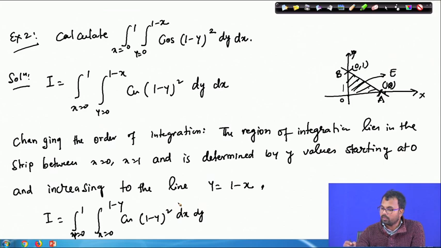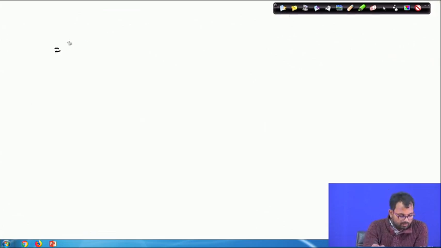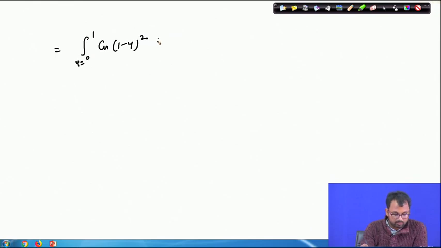When we integrate, it will be the integral with y running from 0 to 1 of cos of 1 minus y square, and then the integral with x running from 0 to 1 minus y dx, and then dy.